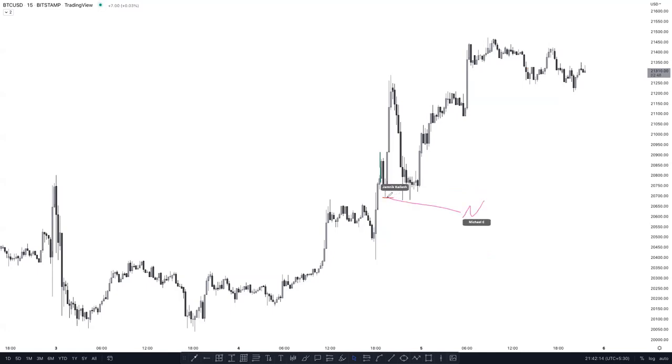Okay, so this is a minor inducement, and the next inducement is here. But market has taken out the first low or high, that's called.